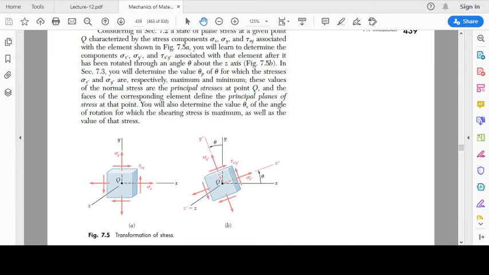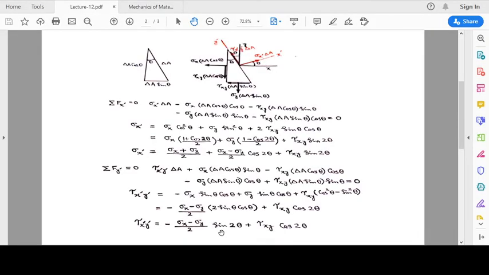So this area of the oblique plane is delta A, so the area of this side is going to be delta A cos theta, and the area of this side is going to be delta A sin theta. Now this is the vertical plane, this is the horizontal plane, and this is the oblique plane.